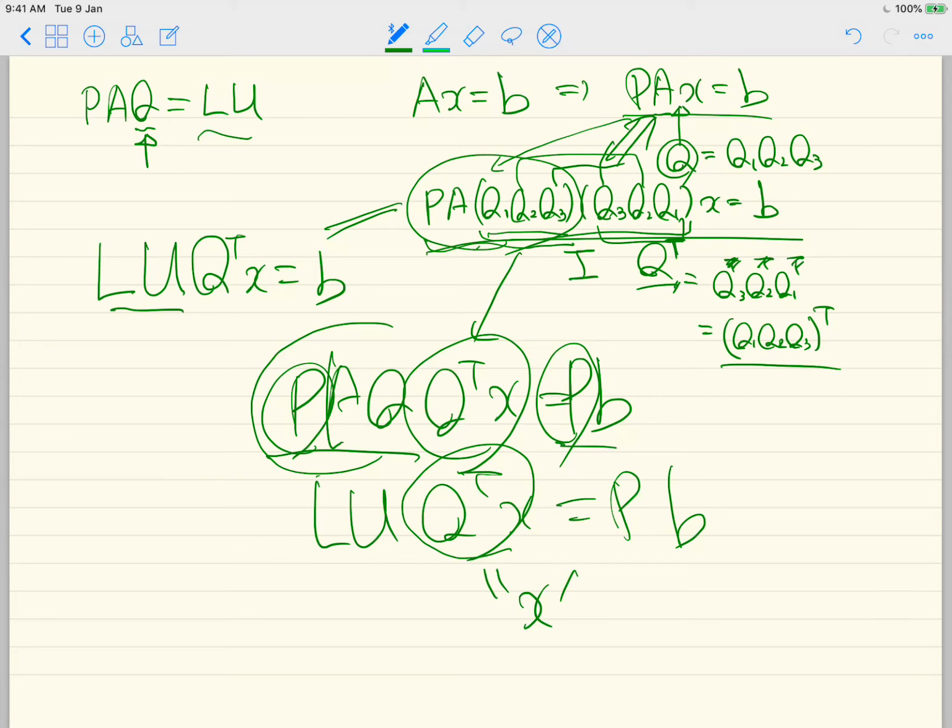Let's just denote it as x prime, and then let's obtain or solve for this x prime by doing the two steps of forward substitution and backward substitution. And then what's the relationship between x prime and the Q transpose x?